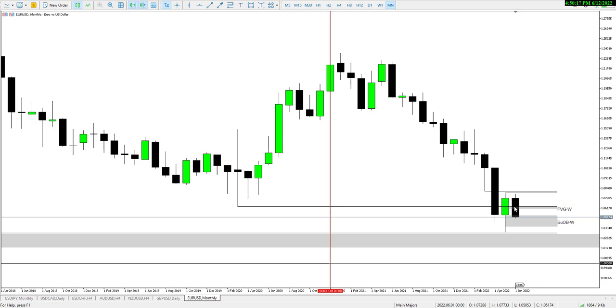But we have seen the ECB of late. Last week on Thursday, the ECB hasn't yet looked at that option of increasing their rates, but they gave a signal that probably in their July meeting they're going to start with their rate increase by 25 basis points.